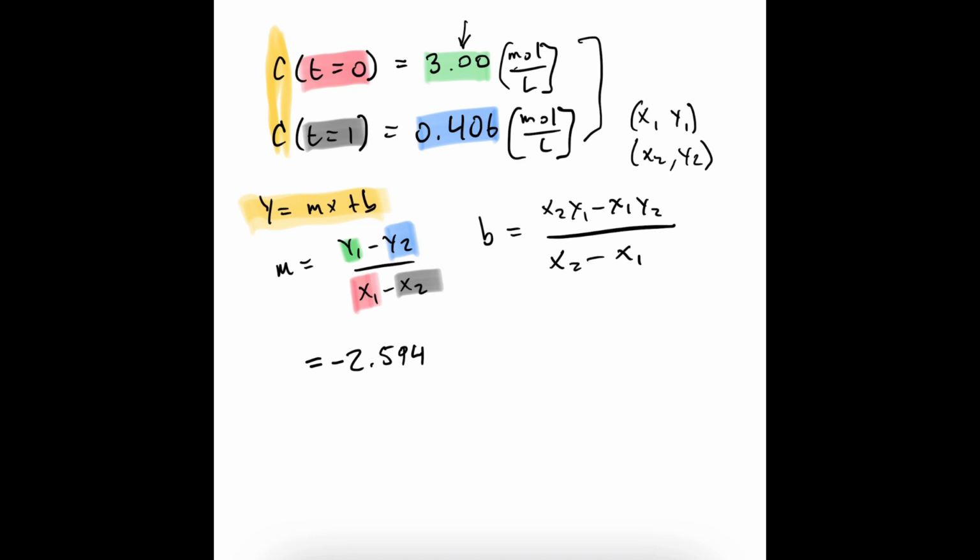Sometimes it can be pretty close if you're not going too far away from your values, because you know that these values are exact for y1 and y2. If you go too far away from those points, though, your calculated values are not going to be very good. So we calculated what the slope was, and b equals 3.